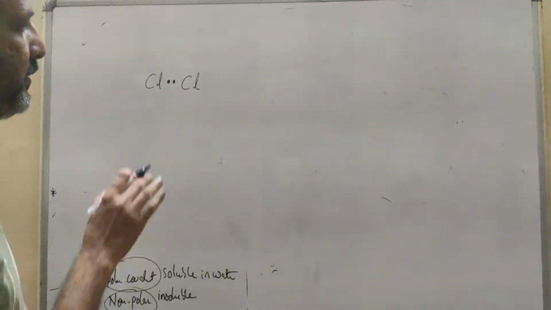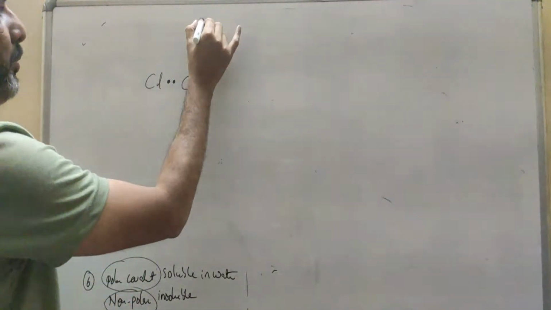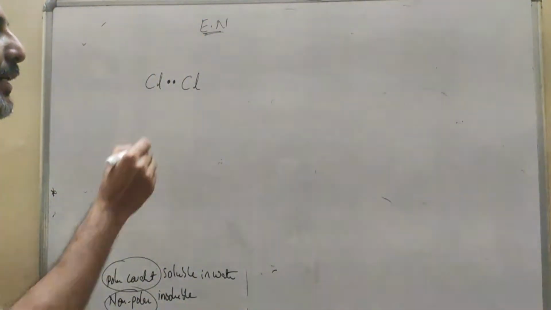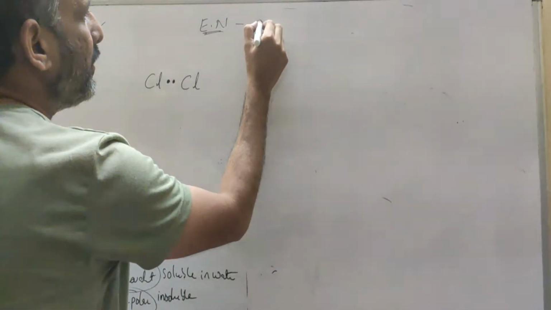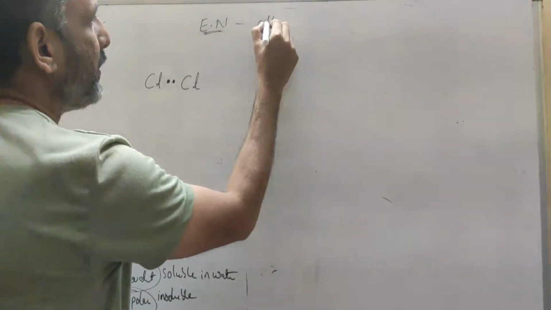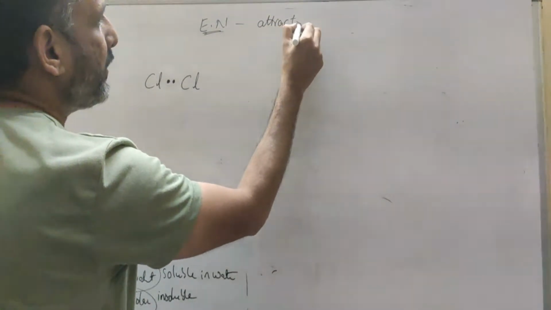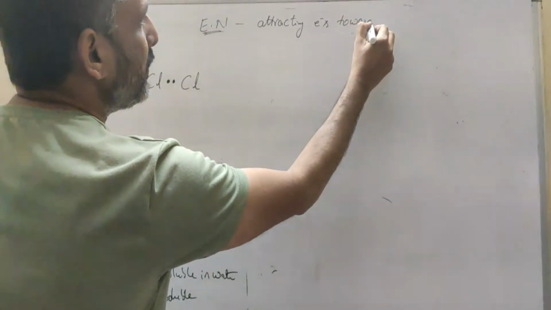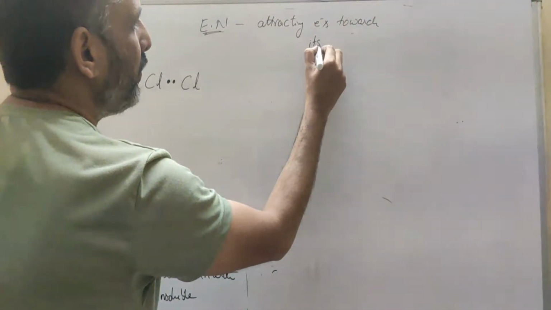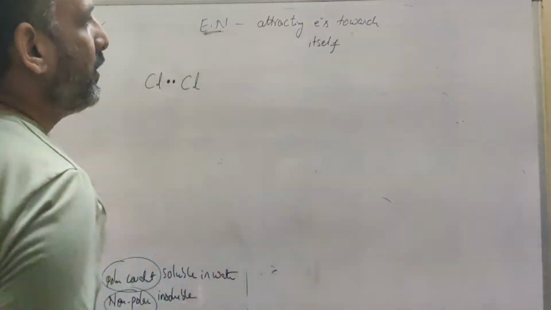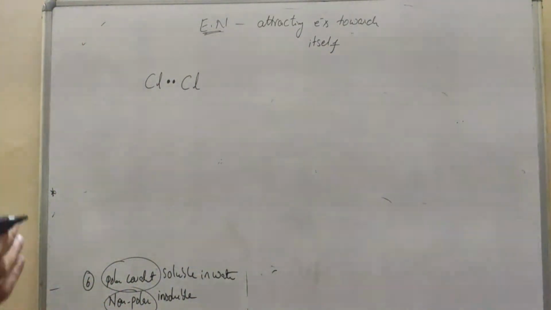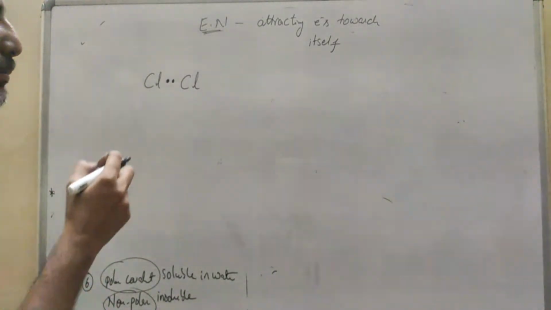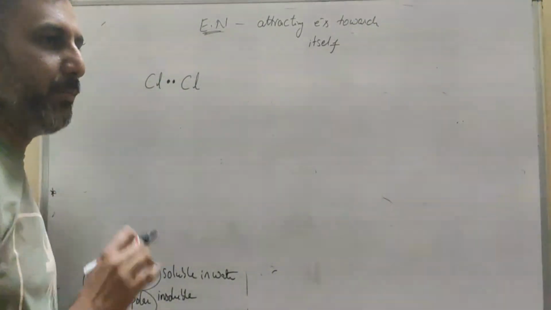Now what happens? We have learnt about a property called electronegativity. Electronegativity means the tendency of attracting electrons towards itself. So an atom will be trying to pull the electrons when in combined state, like in a covalent molecule.